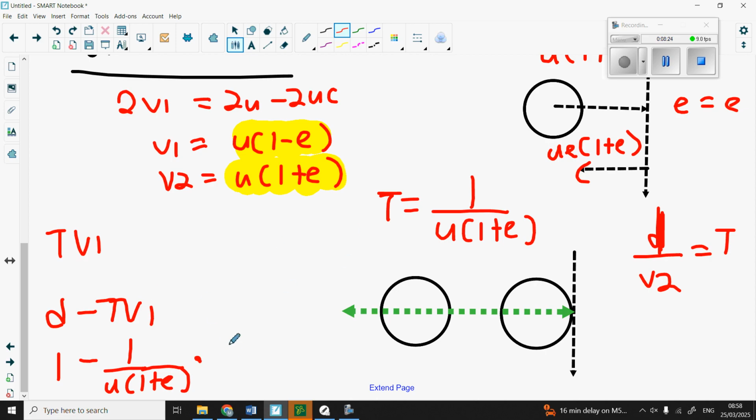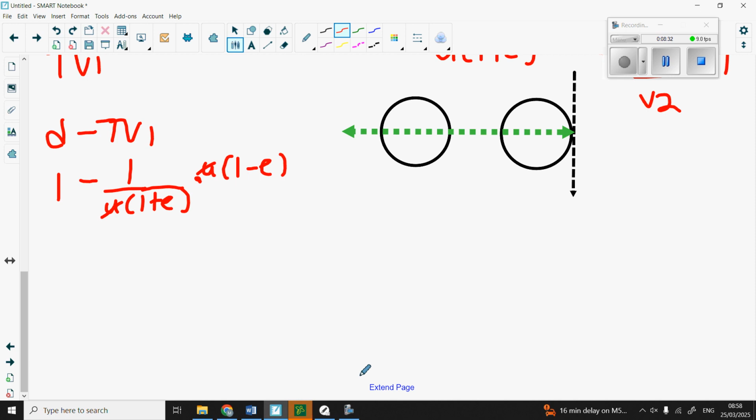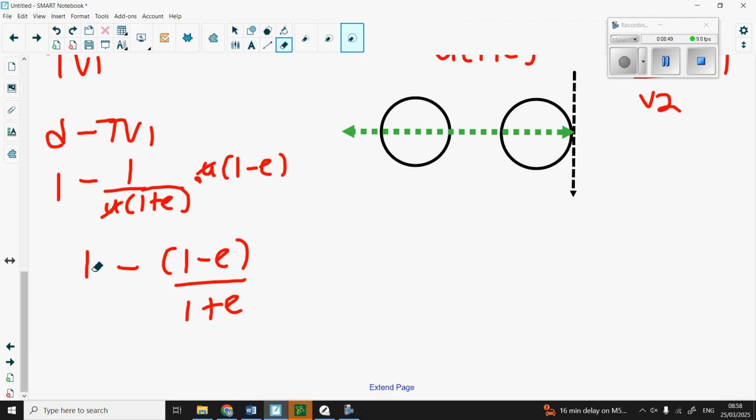And v1 is, how comes to the u's? Cancel. Okay, we're in business now, I think. So the u's cancel, don't they? Now, imagine this, all right? So the u's cancel, and now it's 1 minus bracket 1 minus e over 1 plus e. Give them a common denominator.